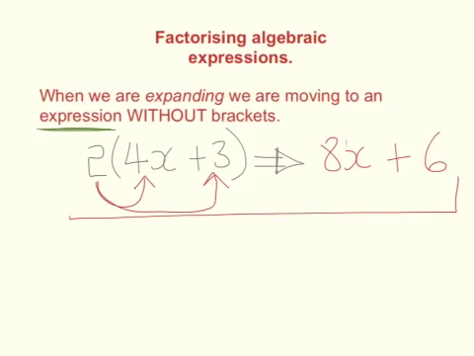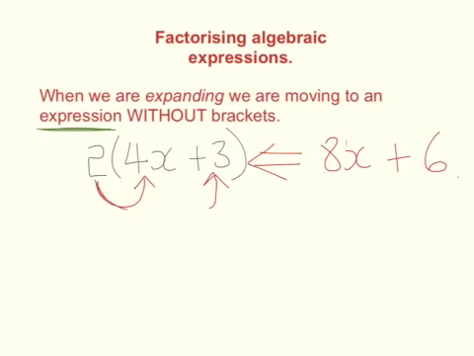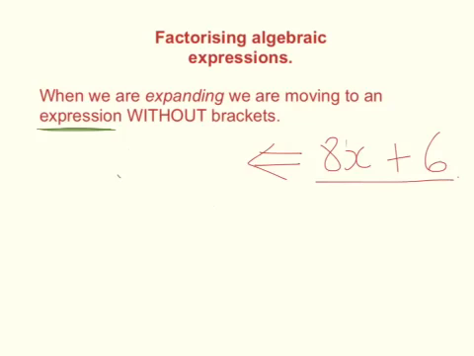But today we're going to be talking about going the other way. So today we are working this way. We're moving from an expression that has no brackets, like this one here on our right, and we want to make an expression with brackets.